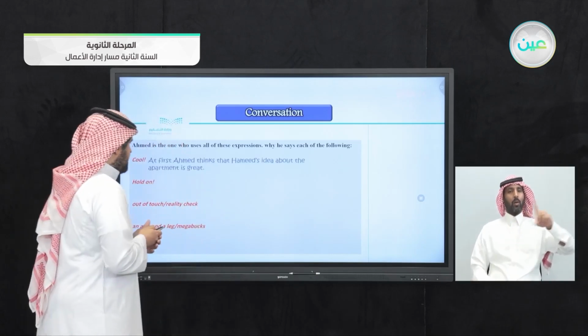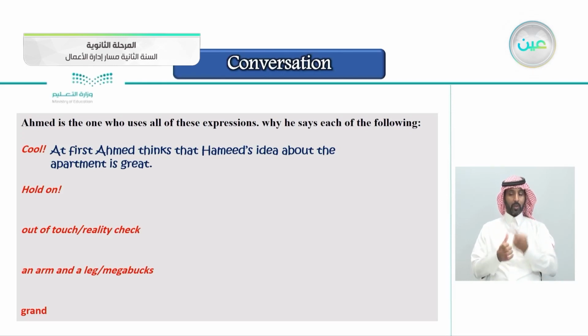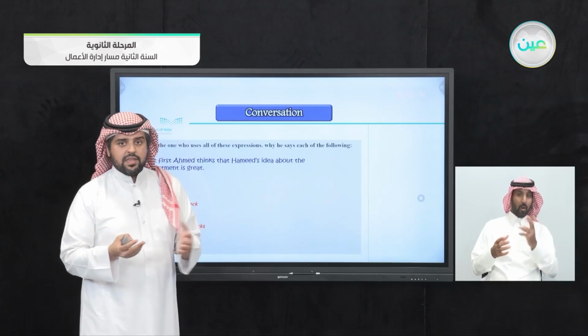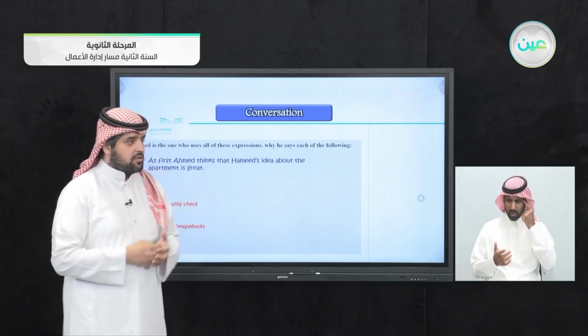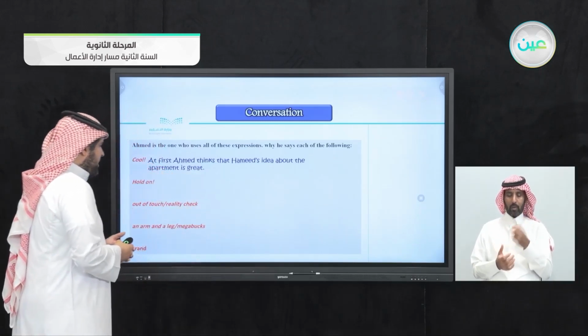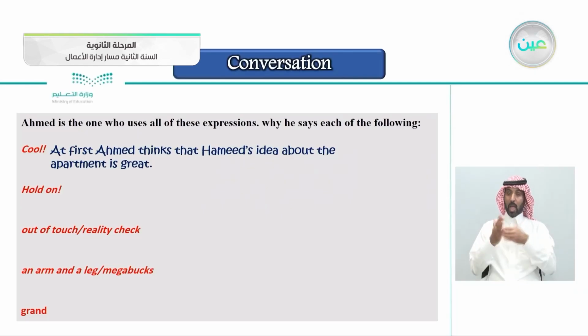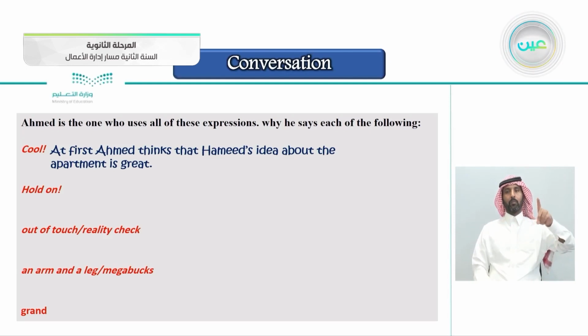Let's check the answer here together. At first, Ahmed thinks that Hamid's idea about the apartment is great, because when Hamid says that he wants a large apartment, Ahmed says it's cool. Then he found out that Hamid doesn't know anything about renting apartments. Hold on. Why did he say hold on to Hamid?